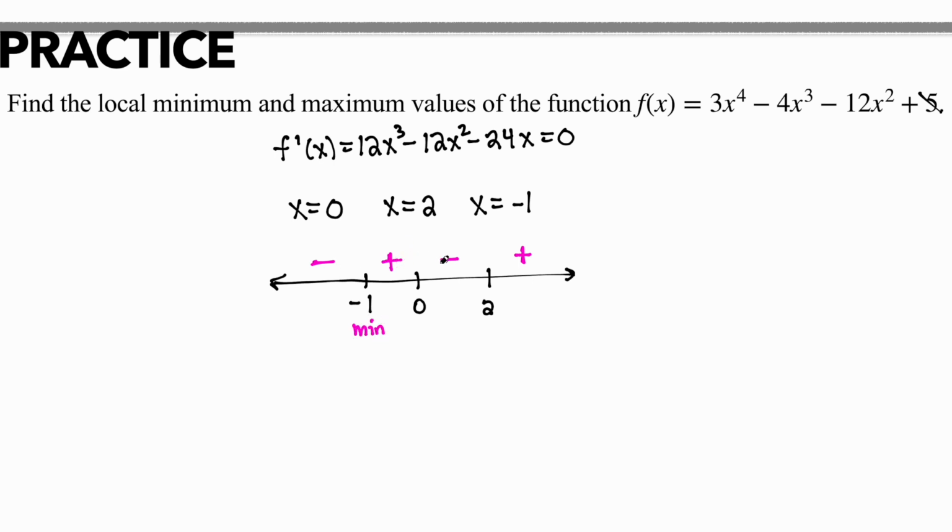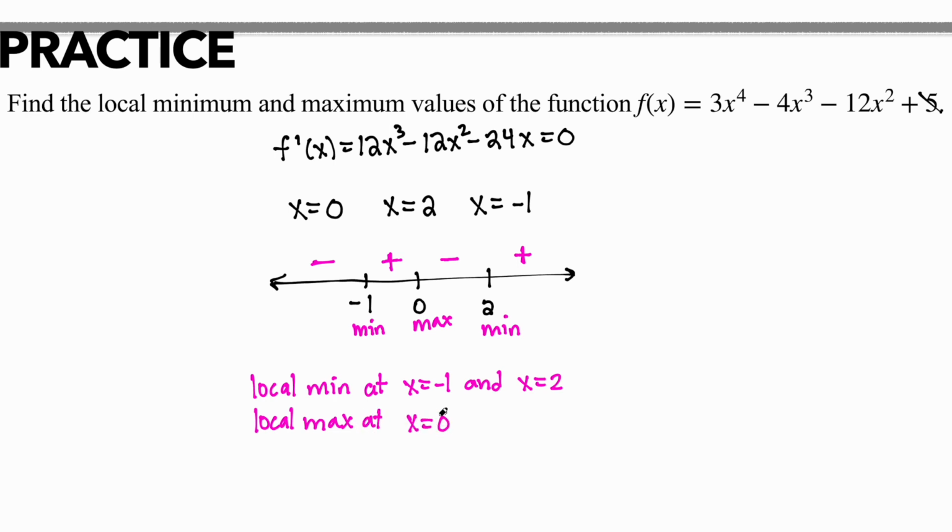From a positive to a negative, which means you went up and then down, that created a max. And then from down to up, that created a minimum. So therefore, we would say that there was a local minimum at x equals -1 and at x equals 2. There was a local max at x equals 0.